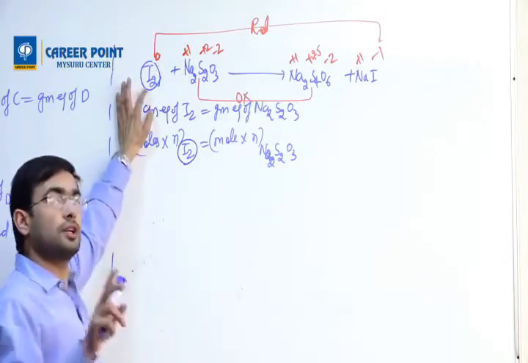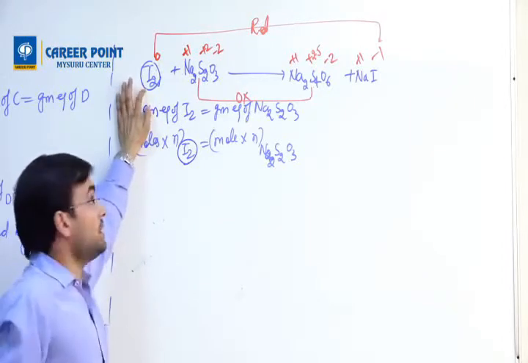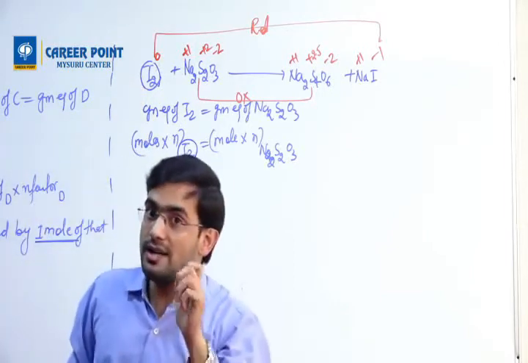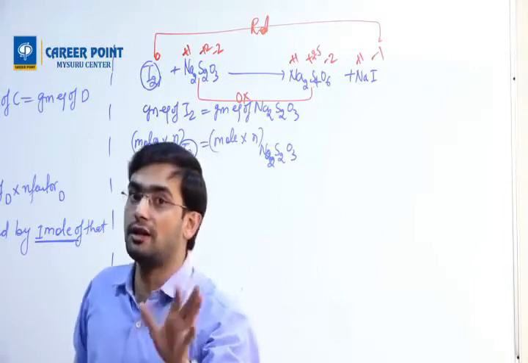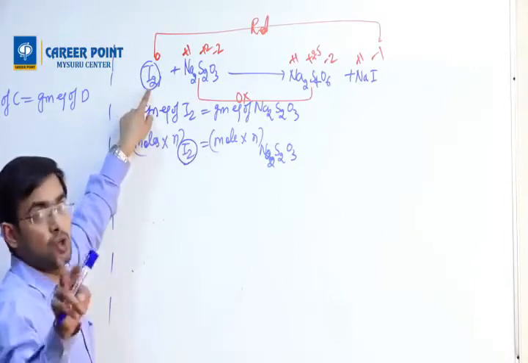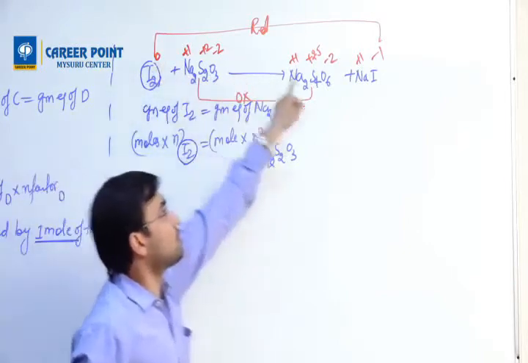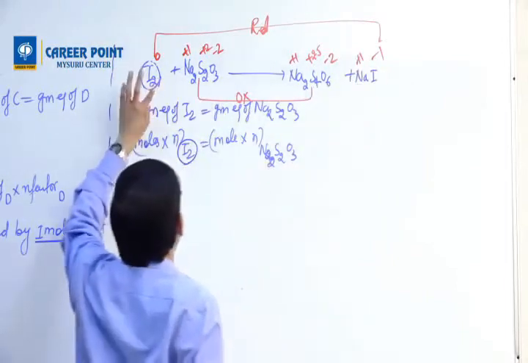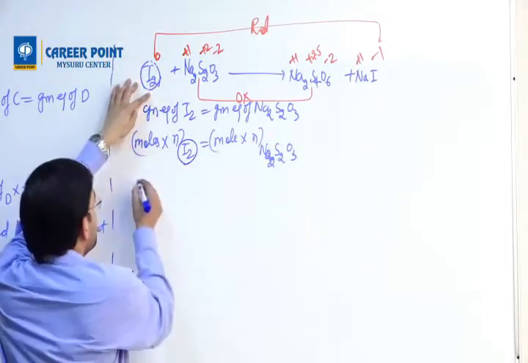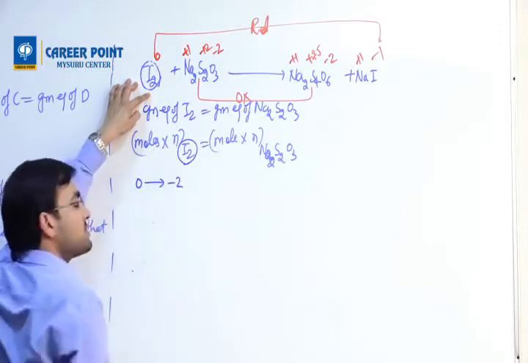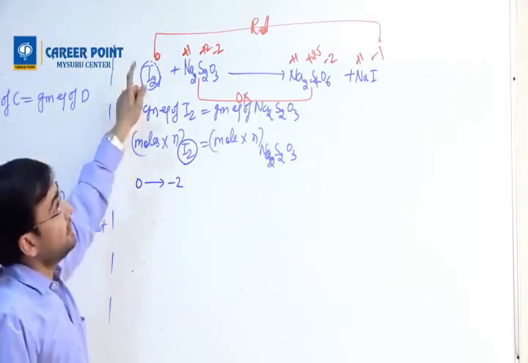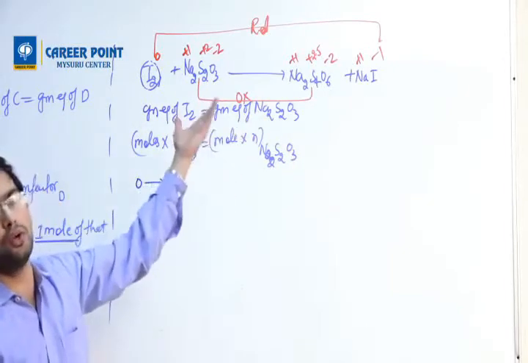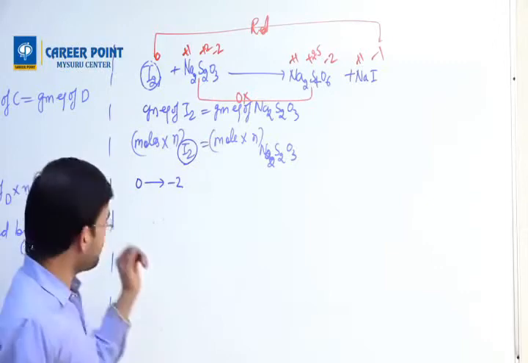So you should calculate for 2 iodine. Whichever N factor you want to calculate, find out how many atoms are there in that particular mole. For 1 iodine, 0 to minus 1, but for 2 iodine it will be 0 to minus 2. I will multiply the whole value by 2.